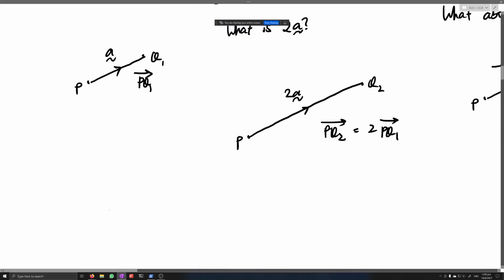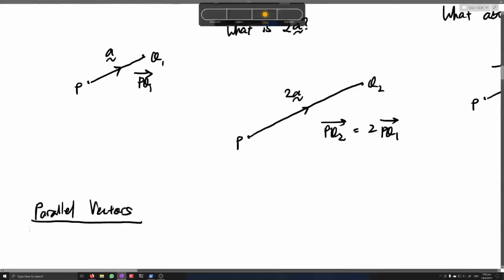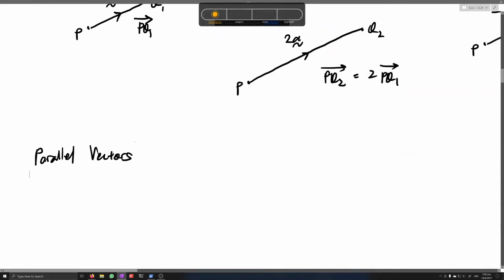Then of course some properties, here's my pen. Parallel vectors. I haven't been drawing lines down here, so I should stop.